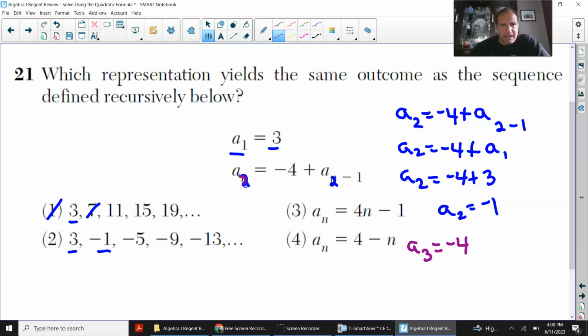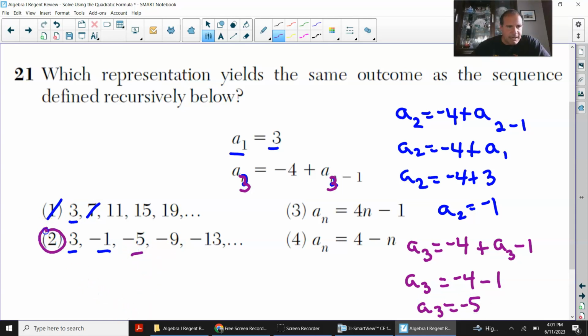Now instead of the n being 2, it is 3. So it's negative 4 plus a sub 3 minus 1. A sub 3 minus 1 is a sub 2. A sub 2 is negative 1. Negative 4 minus 1. A sub 3, negative 5. And that is definitely my answer.